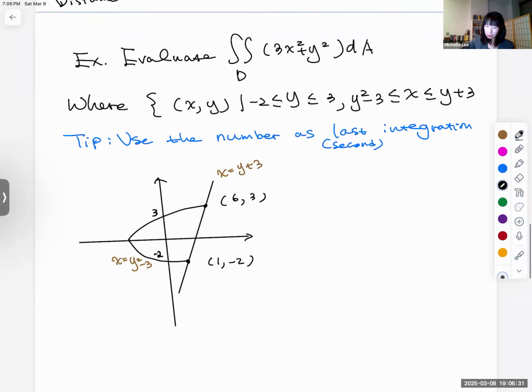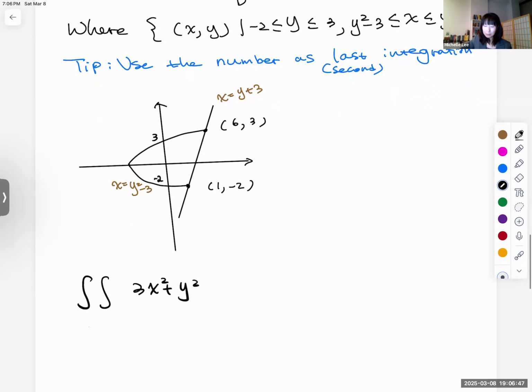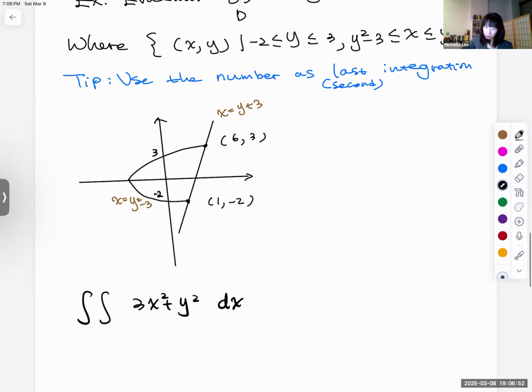So let's do this one. We have the integral of 3x squared plus y squared, integrating with respect to x first, so dx.